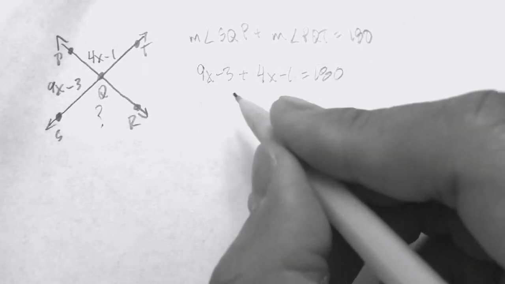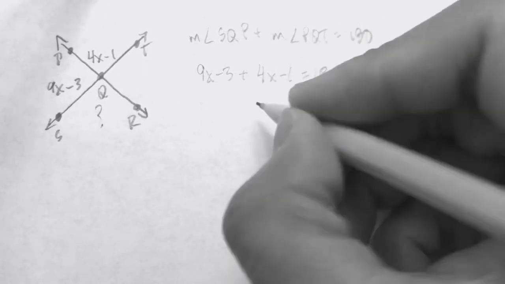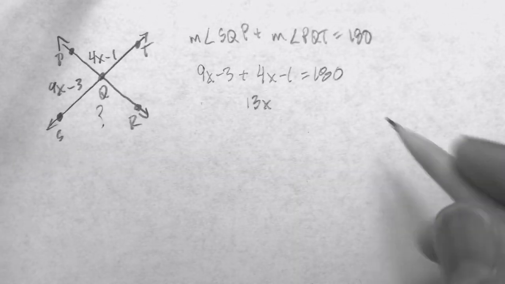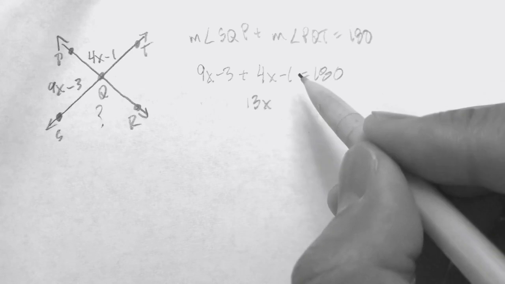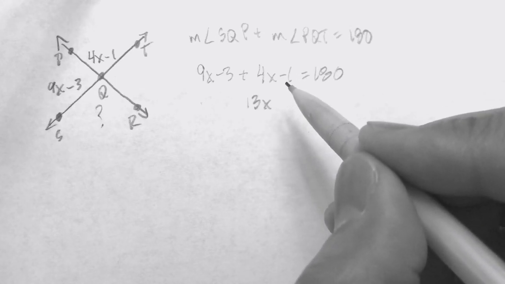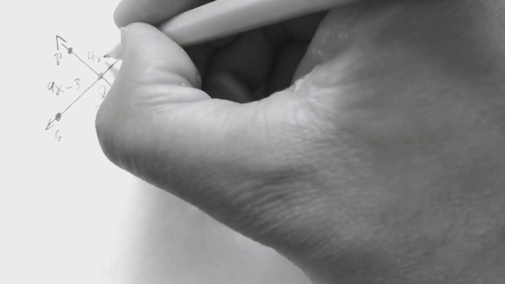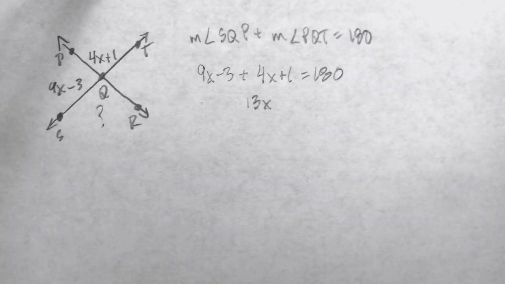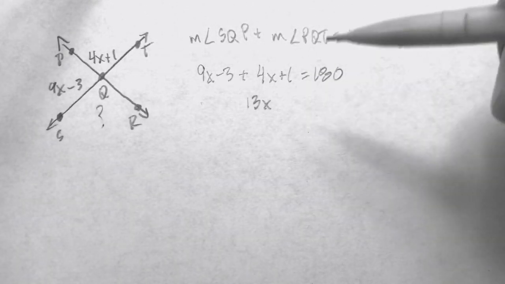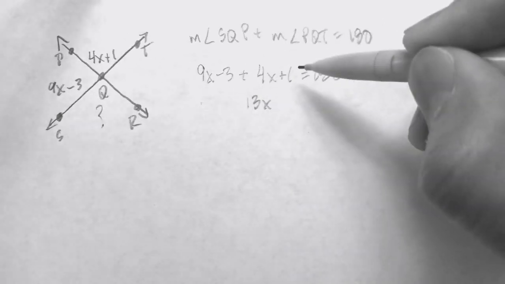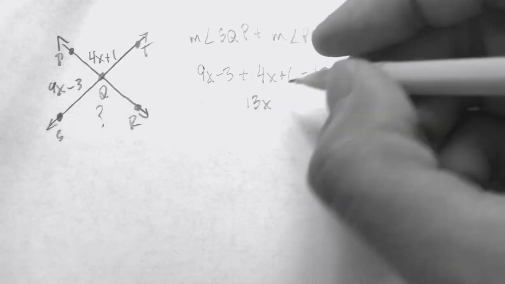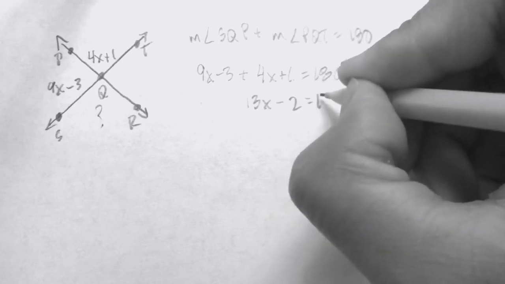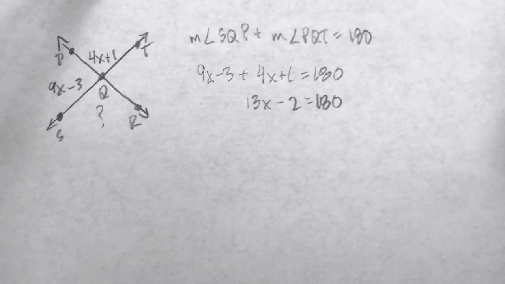Now we can combine like terms. 9x plus 4x gives us 13x. Negative 3 plus 1 gives us negative 2, equals 180.